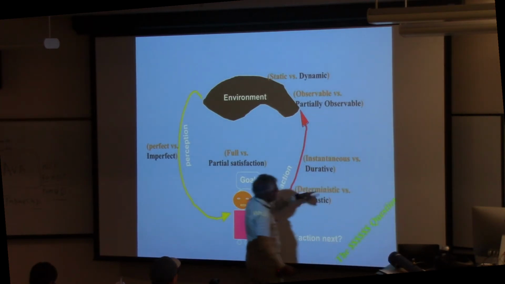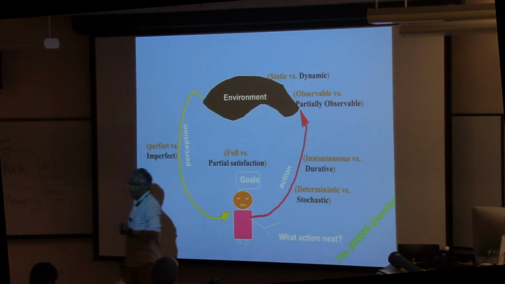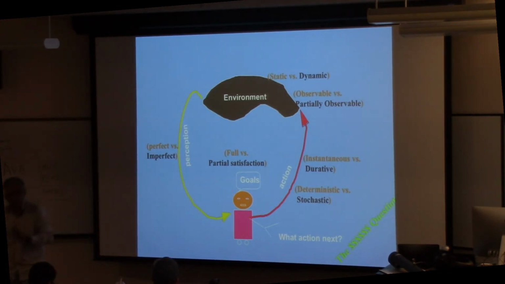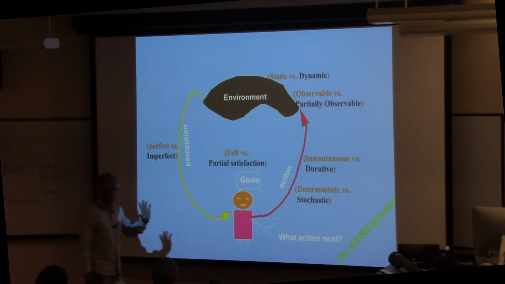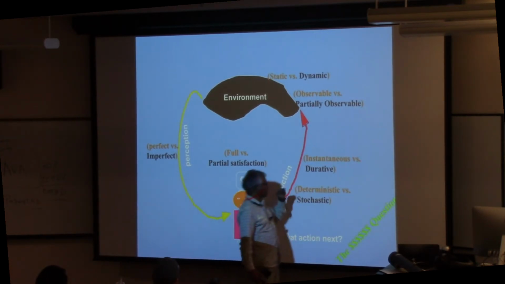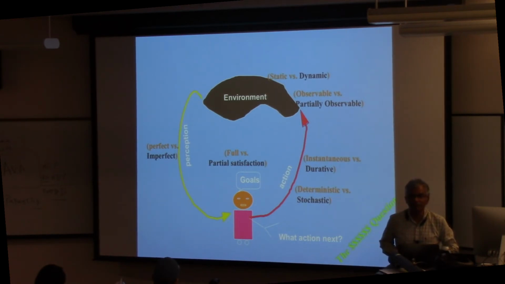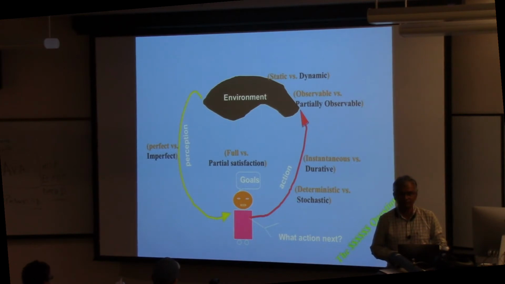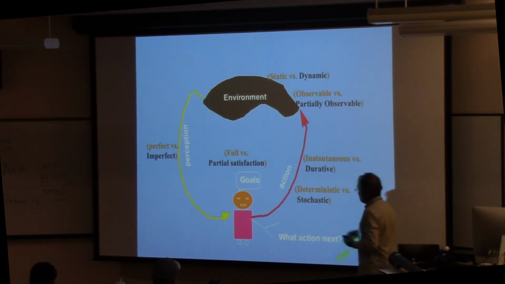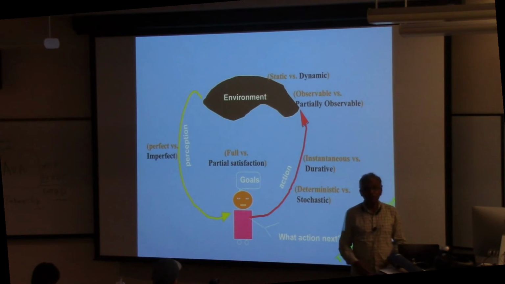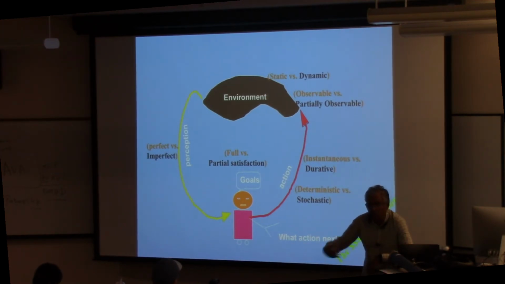The more important one is deterministic versus stochastic. If you know the current state, and it was a deterministic action, then before doing the action you know exactly what the state would be. And then you do the action, and that state will happen. Stochastic means before doing the action, you only have partial information about what the states might be.